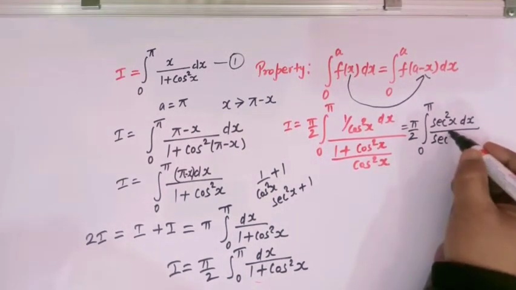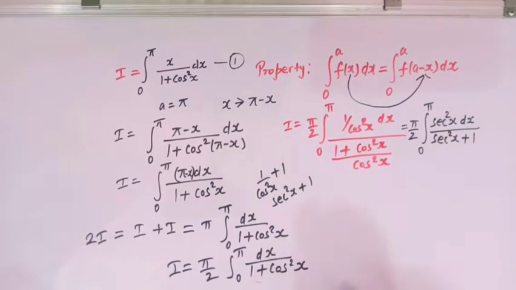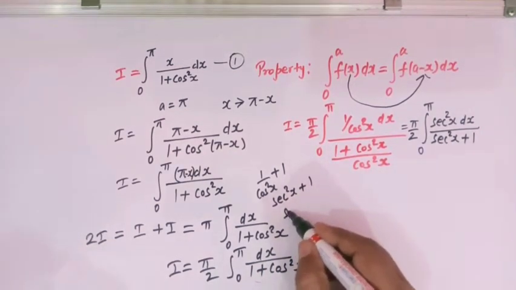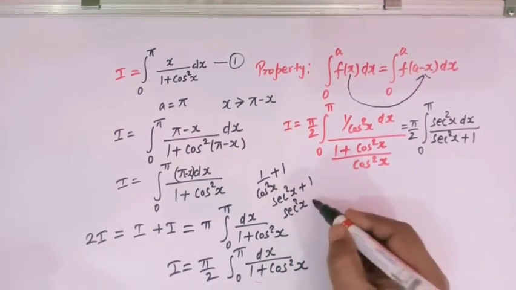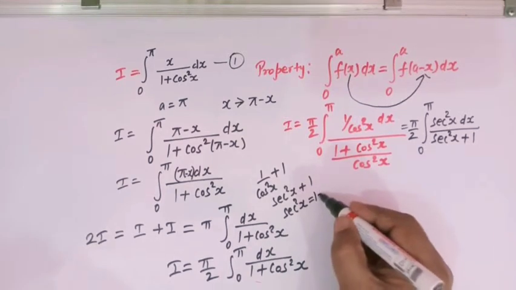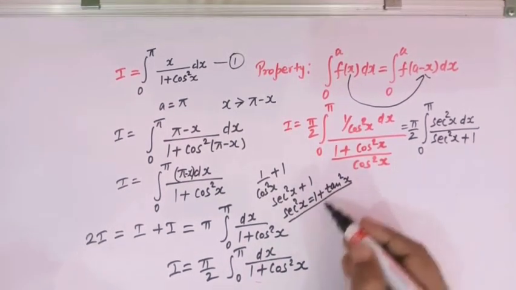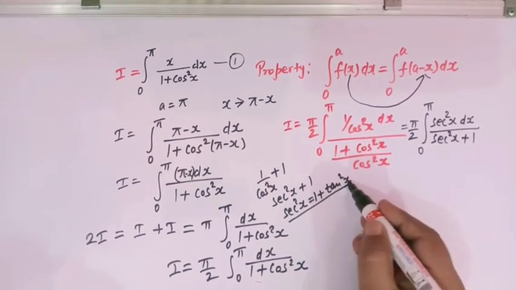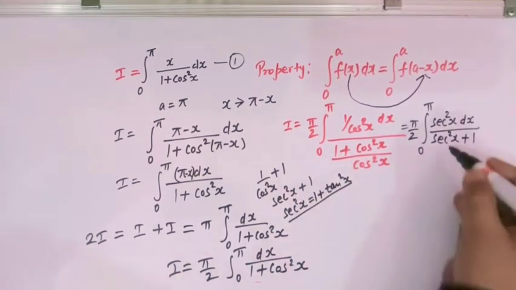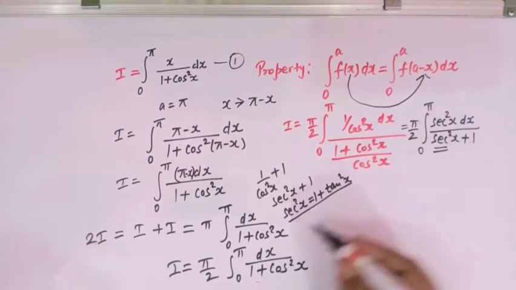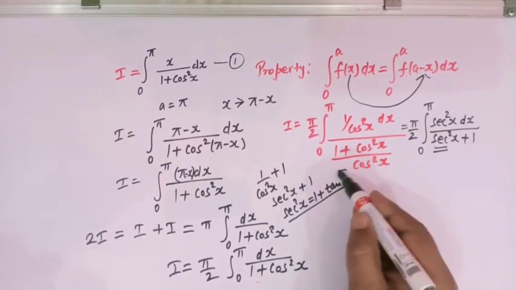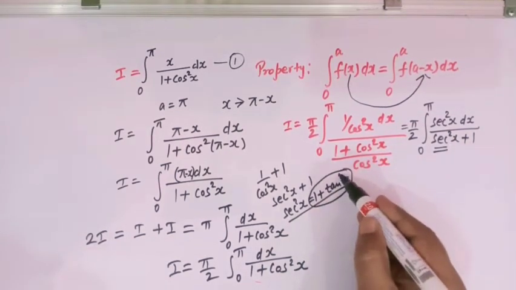So here we have secant square x plus 1. Now secant square x can be written as 1 plus tan square x, because this is the identity. 1 plus tangent square x is equal to secant square x. So this secant square x is replaced by 1 plus tan square x.